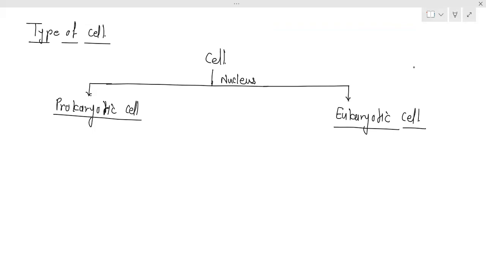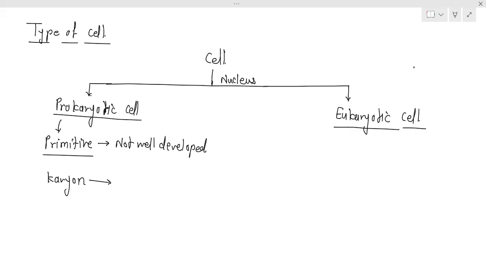Now, what do you mean by prokaryotic? Try to understand this. Pro, in this particular word prokaryotic, refers to primitive. Primitive means, what to say, not advanced, not well developed. And karyon refers to nucleus.